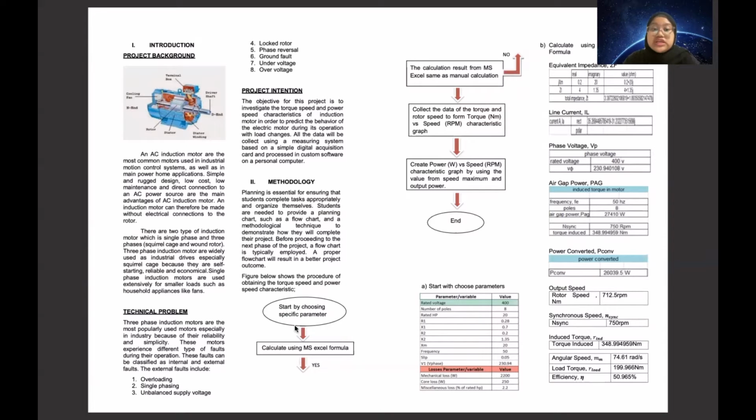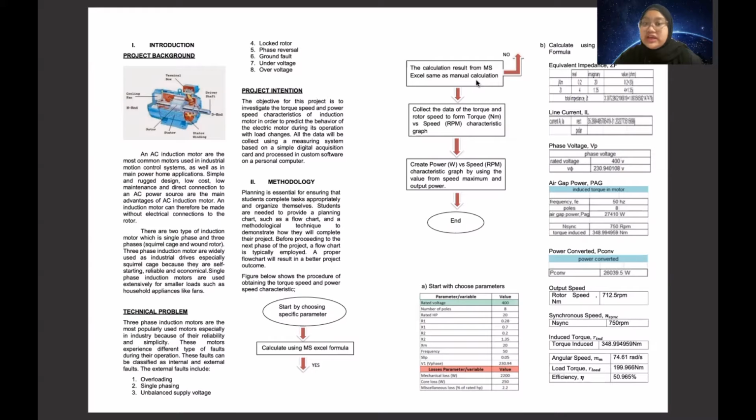First, start by choosing specific parameters, and then we calculate using MS Excel formulas. Basically in this project, we use Excel to get the result using the formulas and calculations. The calculation result from MS Excel is the same as the manual calculation.